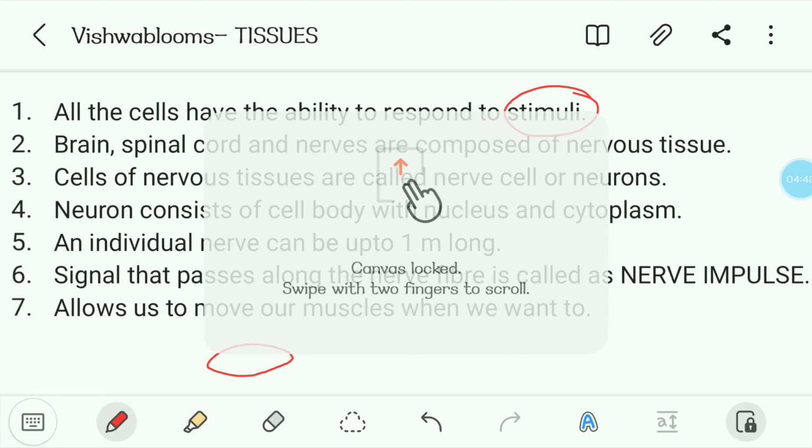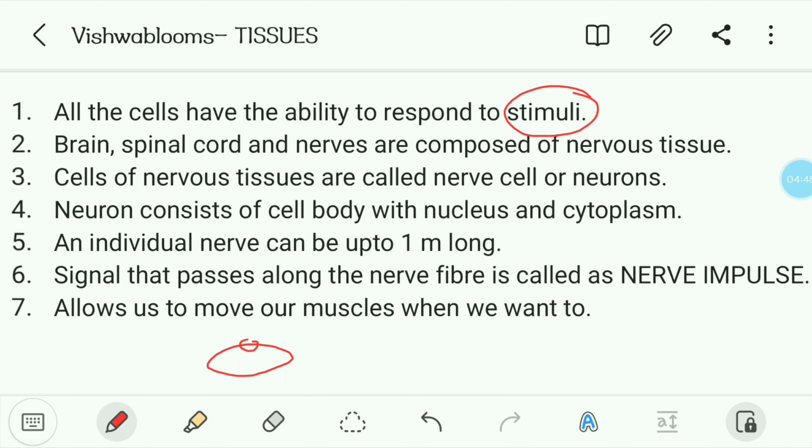You didn't know that it was very hot, and unknowingly you touched it with your finger. Immediately you will take your hand off.